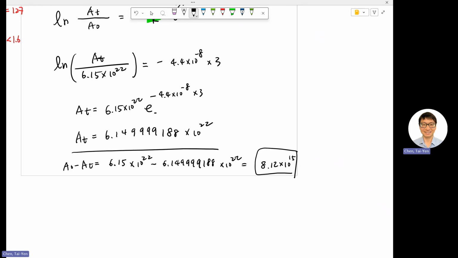The reason I write this down is because you need to know how to operate your calculator properly, so you can get the correct answer without an issue. So you can go home and practice, push your buttons, and figure out the way that works for you. You must do these things at home so that when you do this in class, you'll be able to do it correctly. All right?